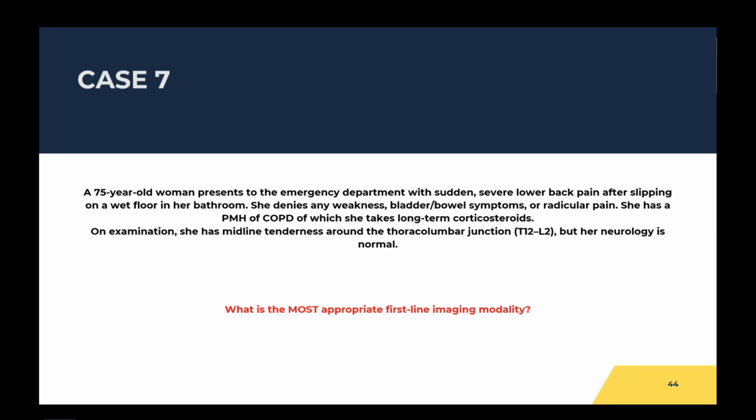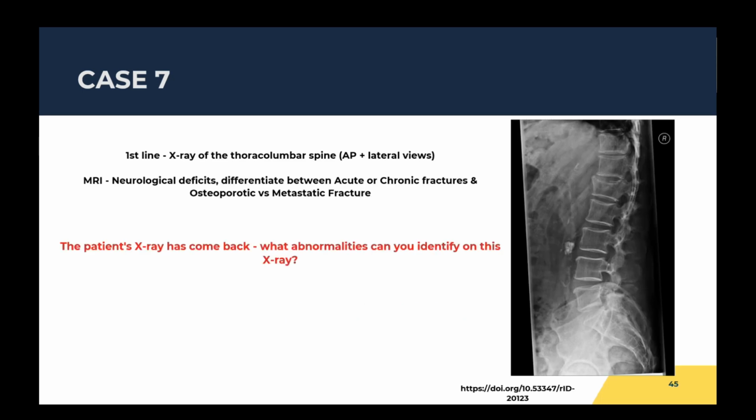Plain film X-ray, yeah, that's correct. So first line is an X-ray of the thoracolumbar spine. You'd want to do AP and lateral views. You may want to consider an MRI.